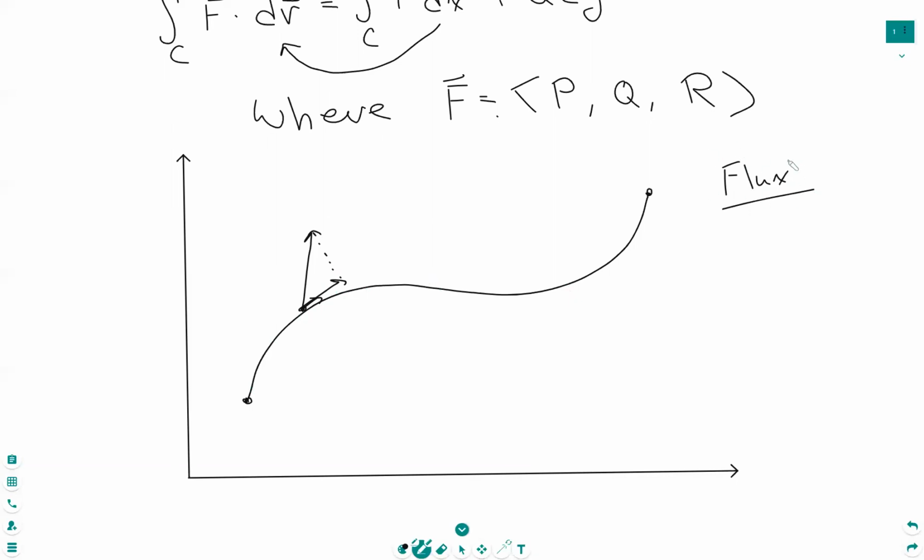So this word is going to show up a bunch later. Flux means how much is pointed in the normal direction. So basically, I have this vector. How much is in this direction that's perpendicular with the direction that the line travels in? A lot of ways that might be written as f dot n, right? This is the amount of f that's traveling normal to some path rather than f dot t.